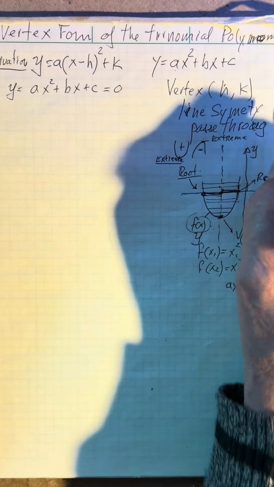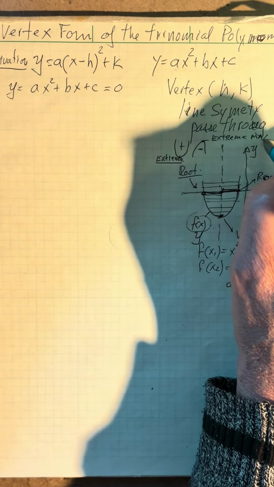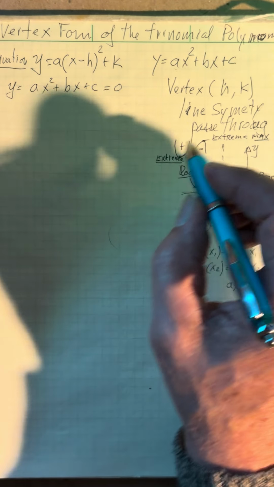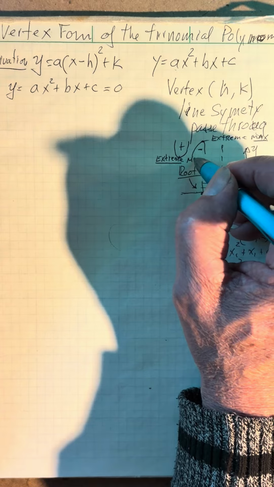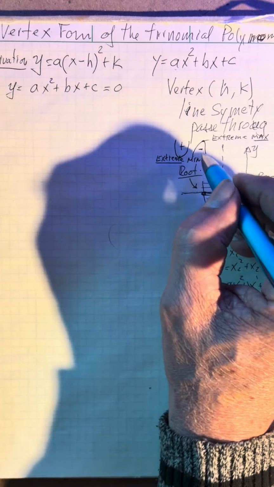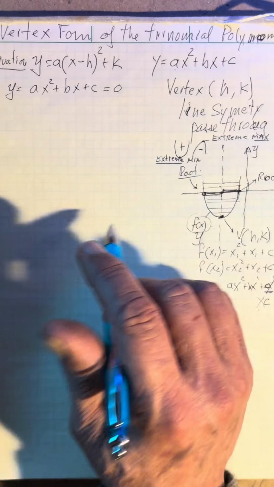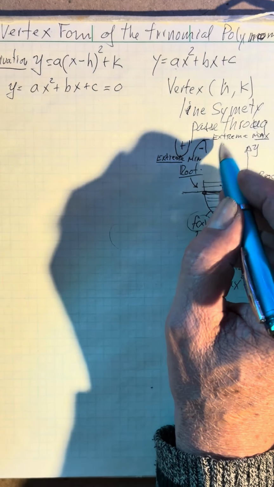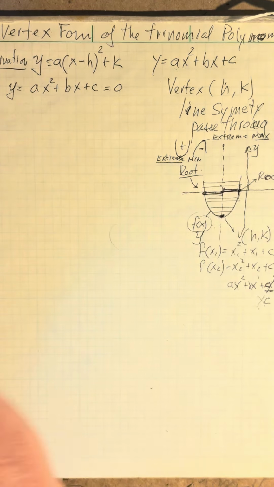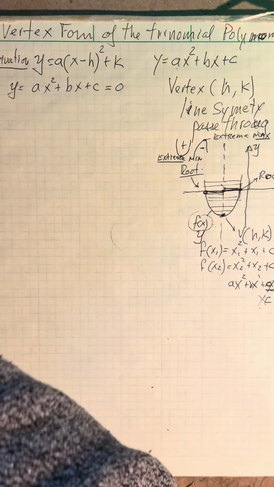This one is a maximum extrema, max, and this is a minimum extrema. Sorry about the mess here, but you get the point, okay? Those are almost probably everything you need to know.